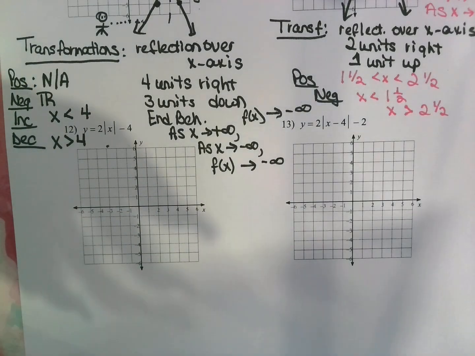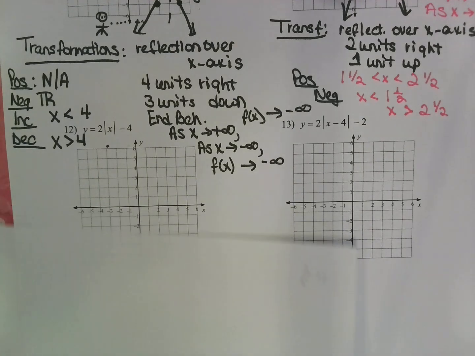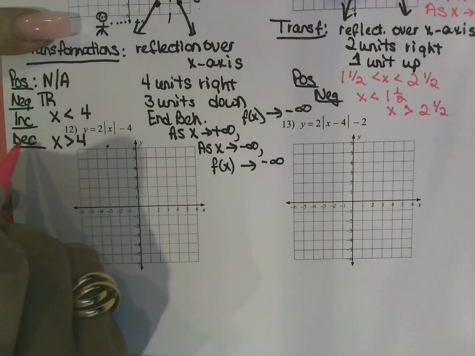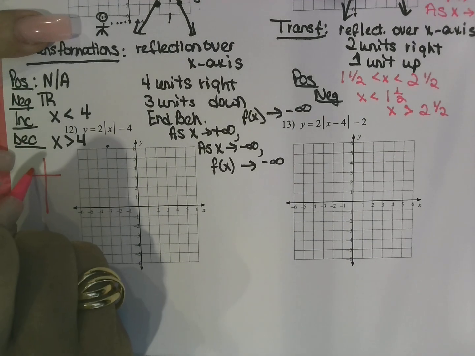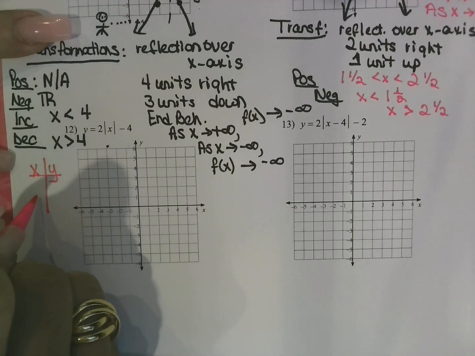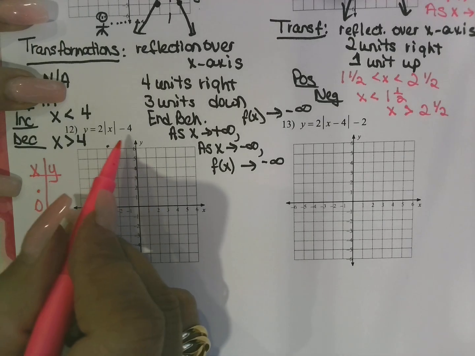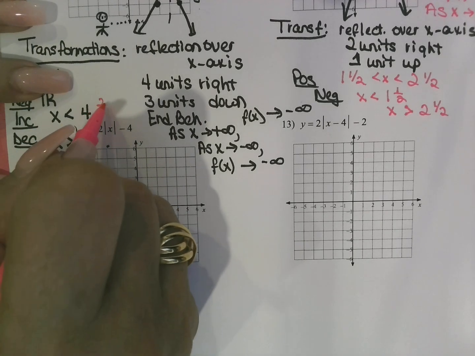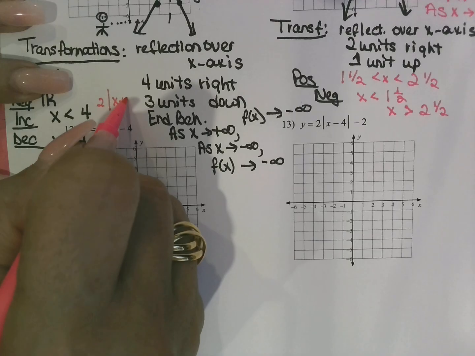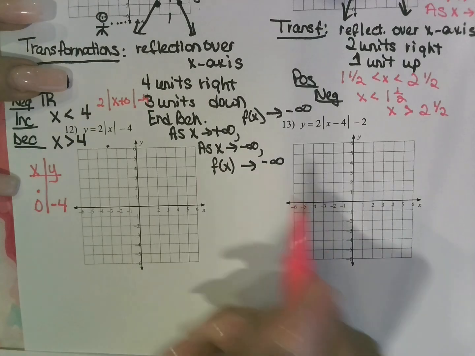Let's take a look at number 12. Here the vertex is really easy. It's at 0, -4, right? Because this is the same as saying 2 times the absolute value of x plus 0 minus 4, right?